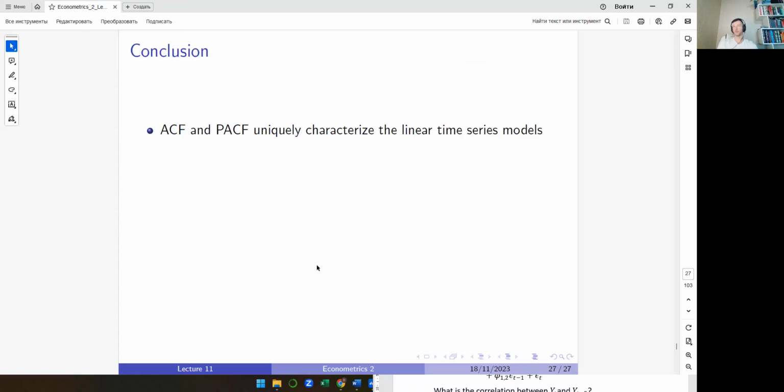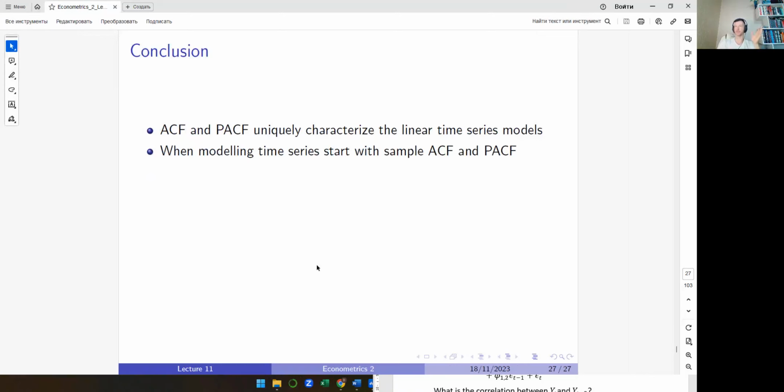To conclude this topic, what do we know? ACF and PACF are able to uniquely characterize the linear time series models. When we model time series, our first step is to build the sample ACF and PACF.